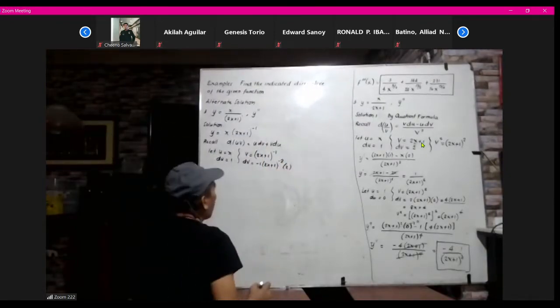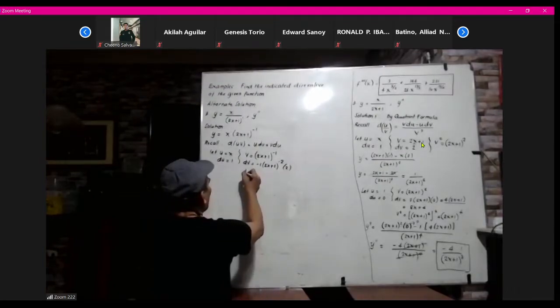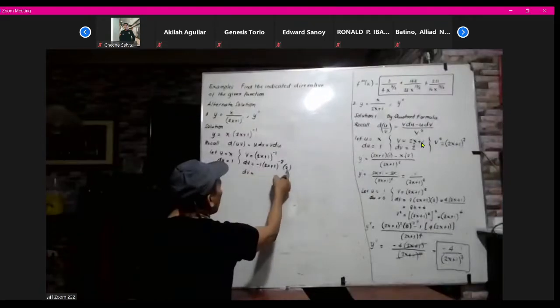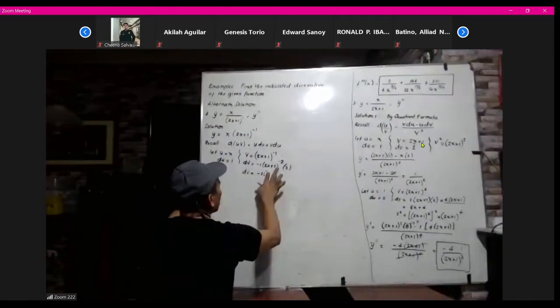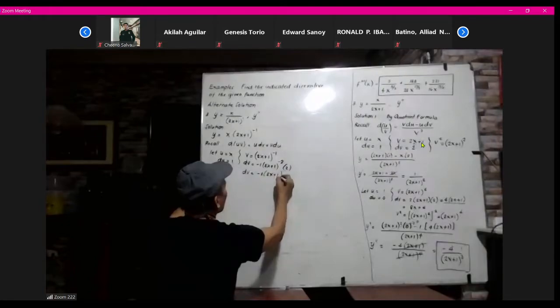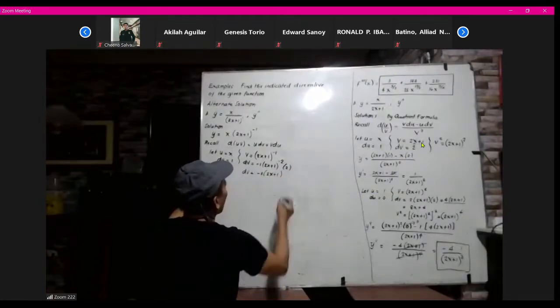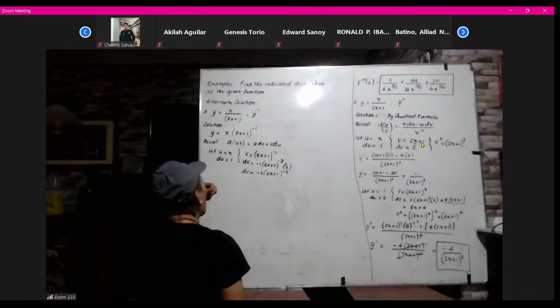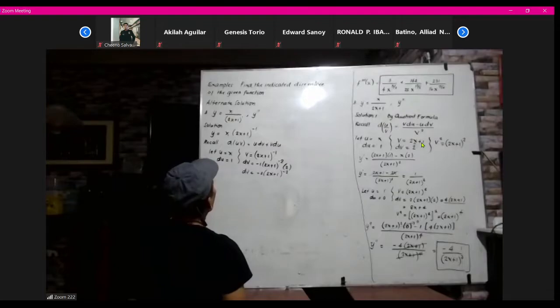So, therefore, ang sagot natin sa dv is equal to negative 1 times 2, negative 2, then that is equal to 2x plus 1 raised to negative 2. Ayan.